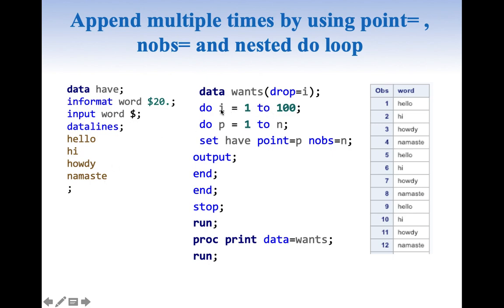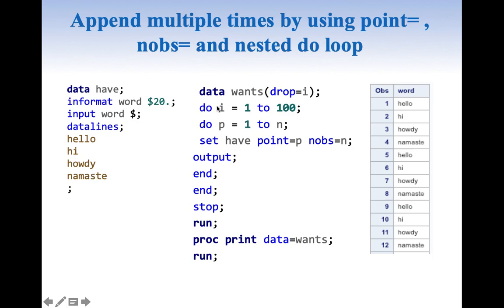But we are wrapping this in another loop, which is the outer loop, and we are saying do i equal to 1 to 100. So what does this do? When it's in the first iteration, it runs for 1 to 4, which means all the records, and does the output.